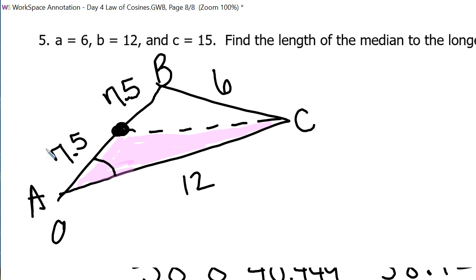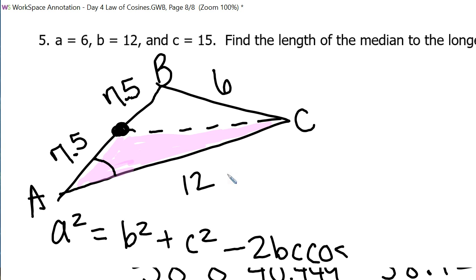So this needs to be A squared equals B squared plus C squared minus 2BC times the cosine of angle A. So looking at the big triangle, what is side A? 6 is right, so 6 squared equals. What is side B? 12 squared. And what is C squared? 15 squared minus 2 times 12 times 15 times the cosine of angle A.